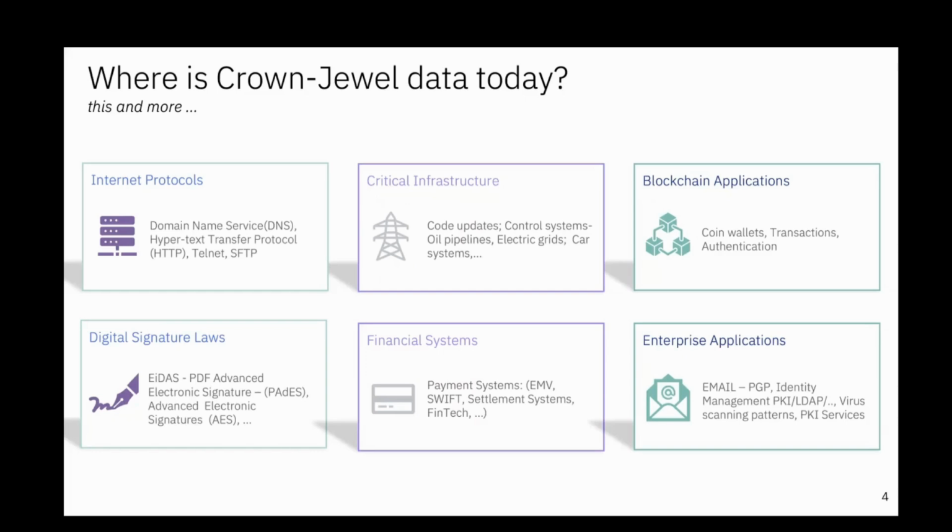Digital signature laws, in terms of how you sign packages and documents and keep them safe from unauthorized access. Financial systems like transactions going through the banking system of today and the near future, enterprise applications as a whole. All of these and some more can have crown jewel data that is very critical to organizations.